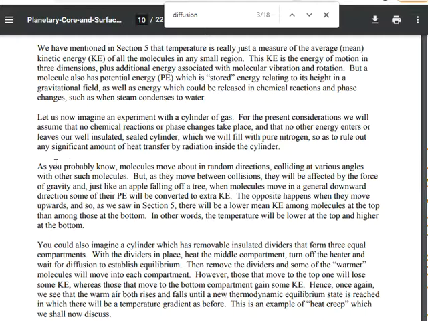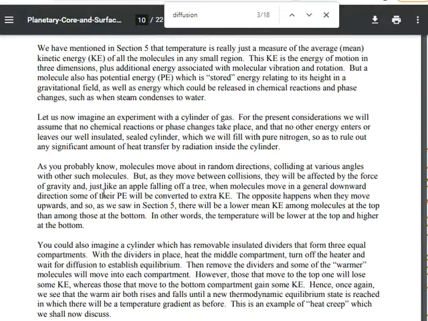Okay, but anyway, "as you probably know, molecules move about in random directions, colliding at various angles with other such molecules. But as they move between collisions, they will be affected by the force of gravity, and just like an apple falling off a tree, when molecules move in a general downward direction, some of their potential energy will be converted to extra kinetic energy.